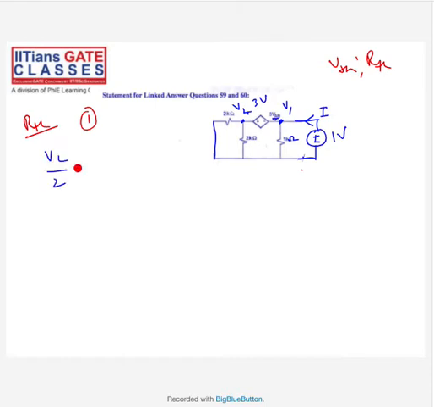V2 by 2, let me ignore the kilo here. V2 by 2 plus V2 by 2. And then I have to start from here, right? I'm having one more problem.